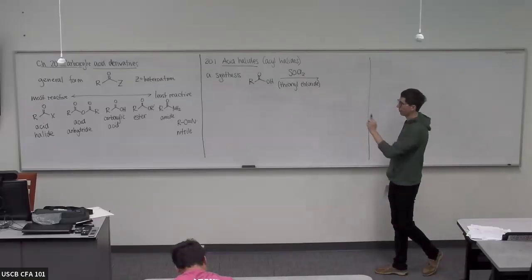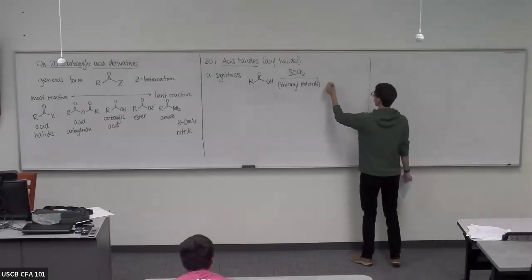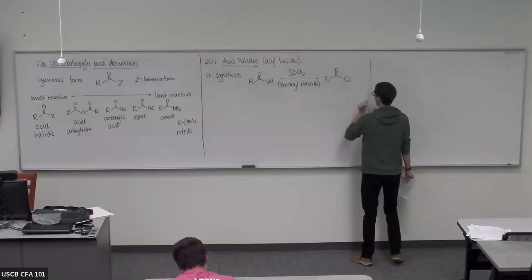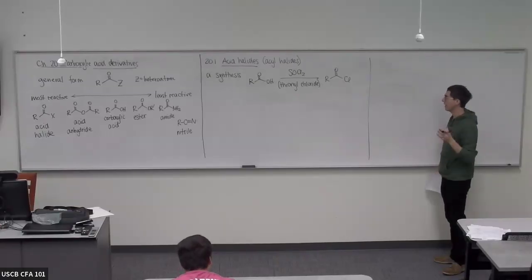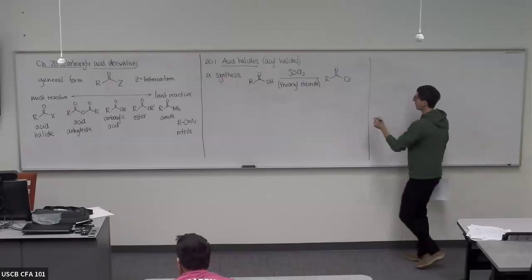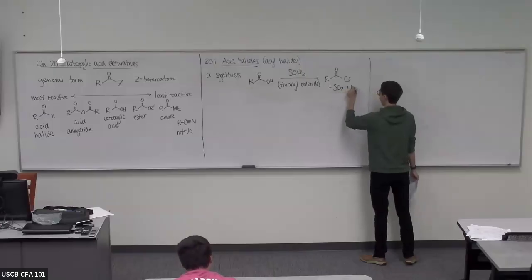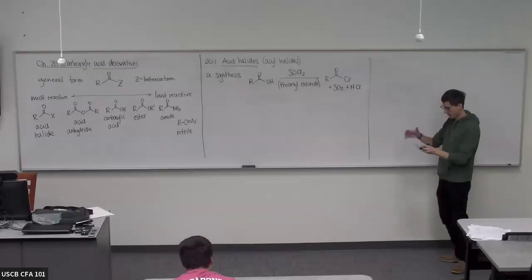But acid halides are really reactive, and so we have to use a really strong reagent to make them. All of the acid halides I'm going to talk about are acid chlorides because they're by far the most common. You can make acid bromides if you want, but nobody really ever does that. So we're just going to stick with chlorine in this case. And you also get SO2 and HCl as side products.